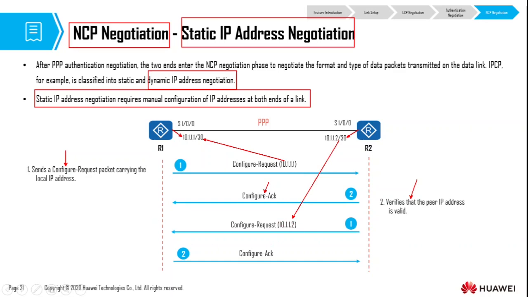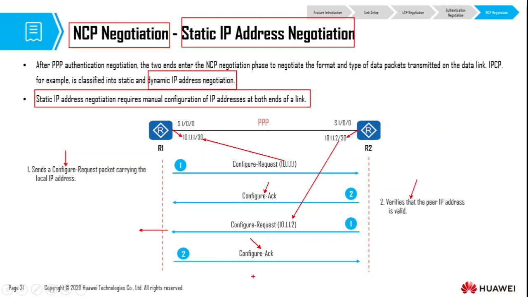Then R1 is going to verify that this IP address does not conflict with anyone else and it's a unicast IP address, and send a configure acknowledgement. So after that is done, they can now begin exchanging data.